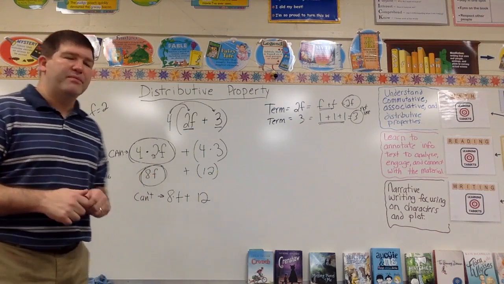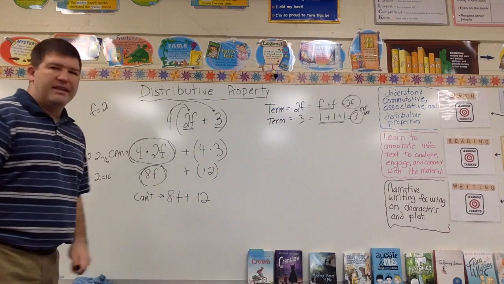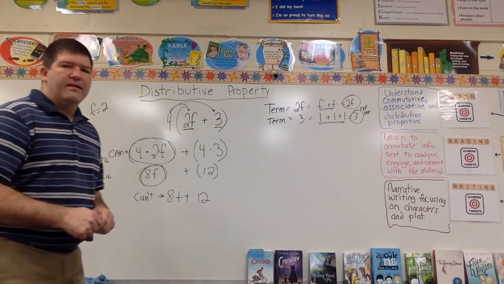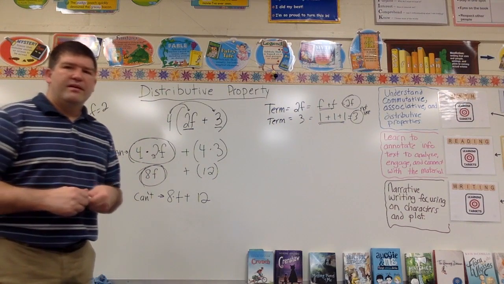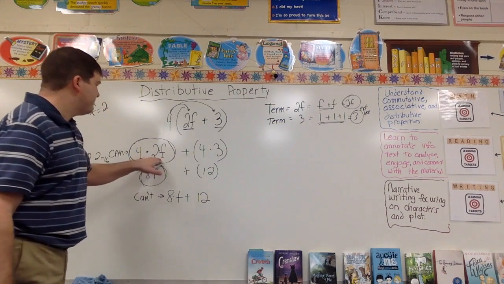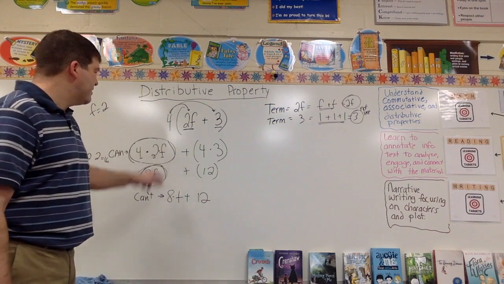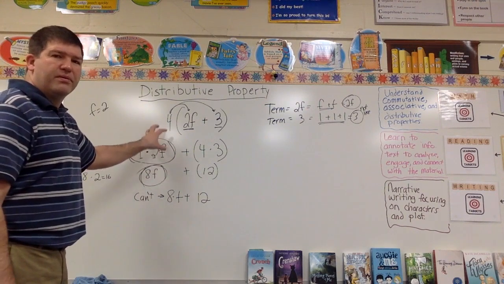It's always going to get you the same answer. So you can put it all together, you get 8f. Okay, that's kind of a tricky thing to understand, but it's really important that you can multiply those together. As long as it's all multiplication with a variable, you can put them together.